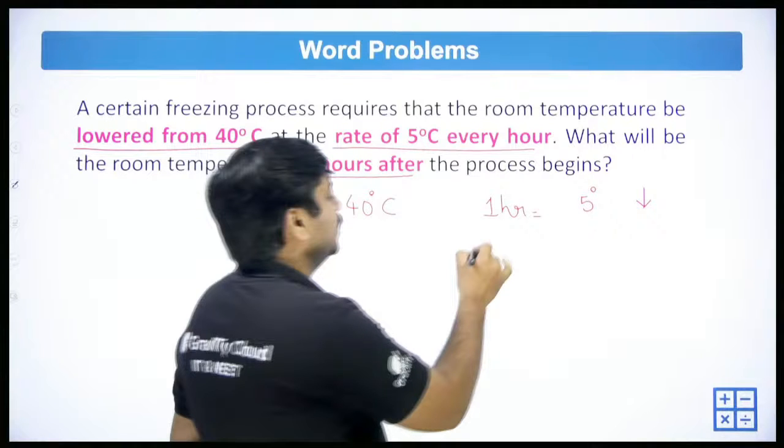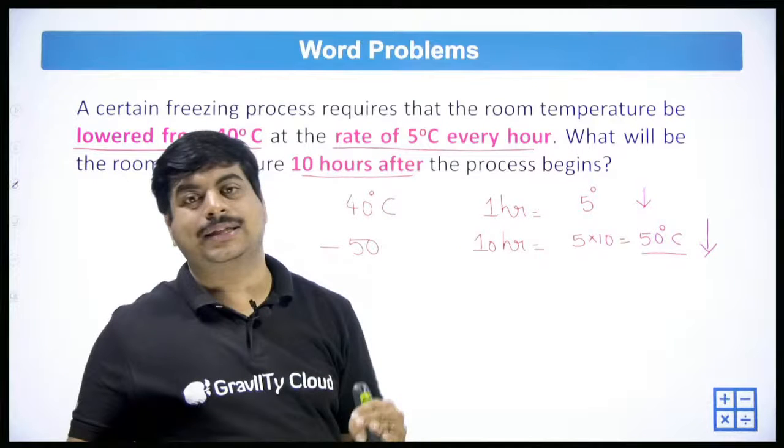What is the initial point? 40 degrees. So from 40, you are decreasing by 50. You should not go up because you are not increasing, you are lowering. Lowered means you are decreasing. That is the reason I am saying word problems are very important to understand and very easy to solve once you understand the question.